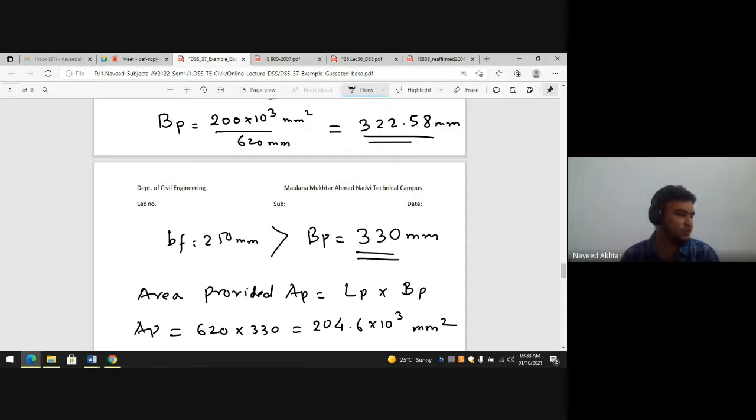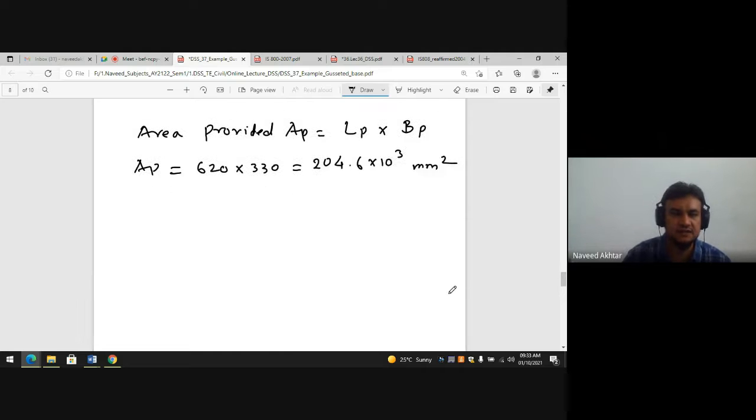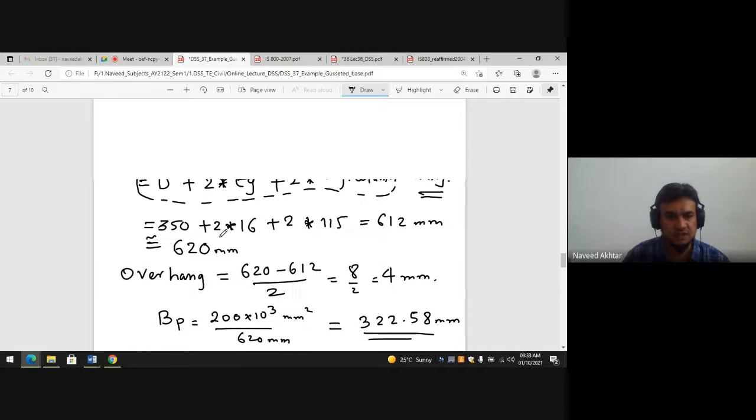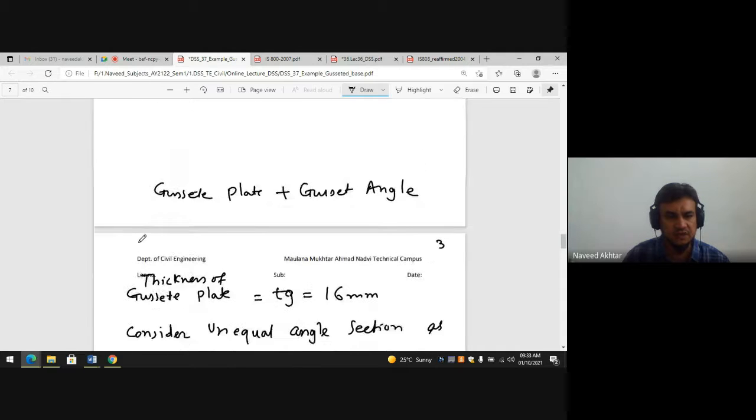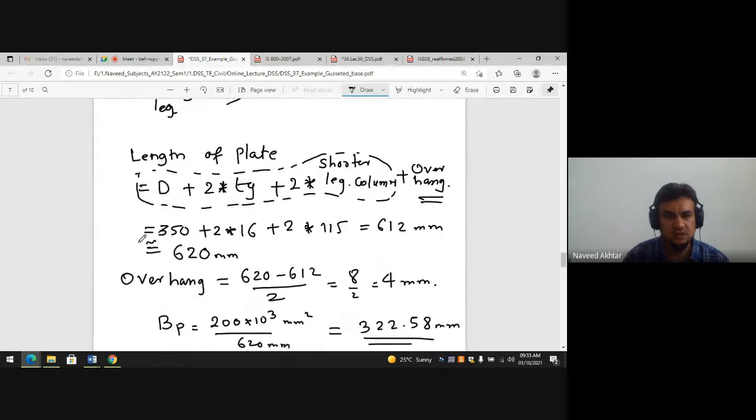This is the area provided, which is larger than the area required. This is step number 4, selection of the gusset material.